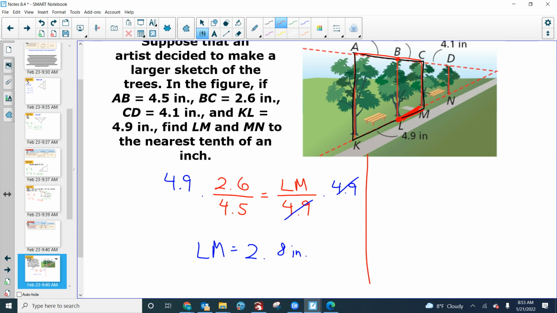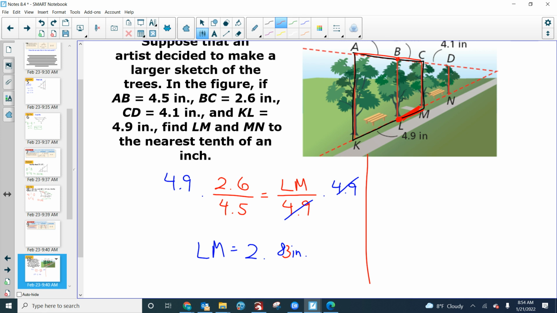Here's my recommendation, and this will carry with you for a while. If you are doing an intermediate step in a process, always round more than what they're asking you in the final answer. I'm going to call that 2.83 so that it doesn't mess up my calculation when I do MN. Because I rounded once, I have to round again.